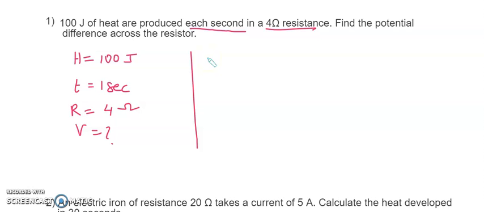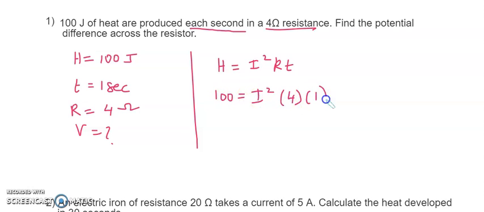Or you can find the current flowing, and from there find the voltage. So I have H = I²RT. H is 100, equal to I squared, R is 4 and time is 1. So 100 = 4I². So 100 divided by 4 is equal to I².